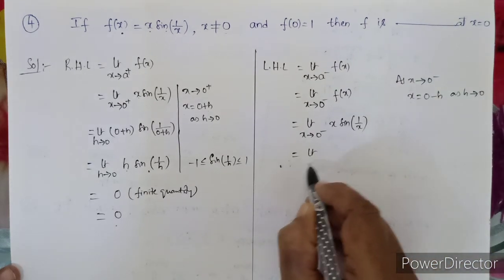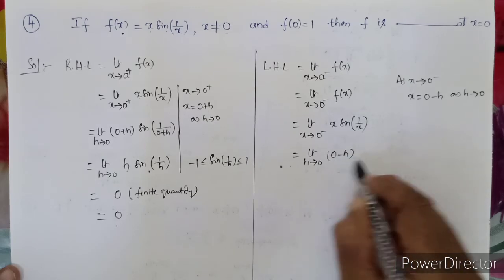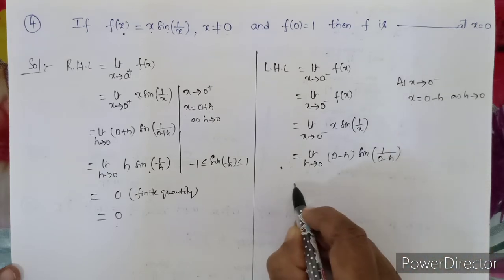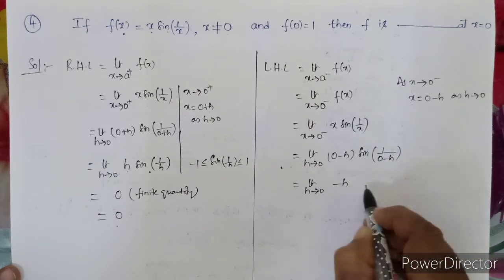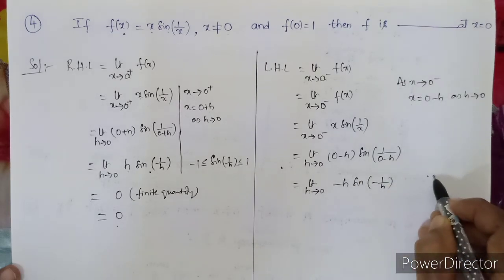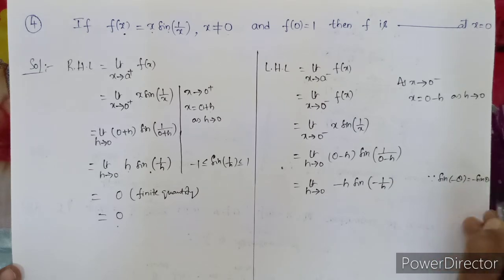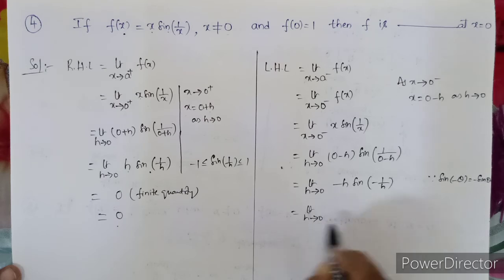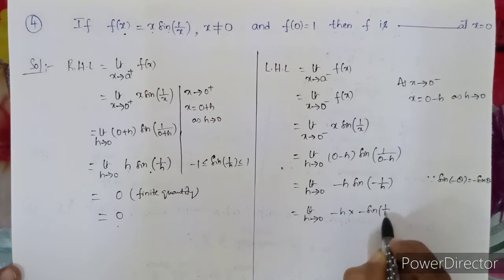Limit h tends to 0, (0 minus h) sine of 1 by (0 minus h), which is limit h tends to 0, minus h sine of minus 1 by h. As we all know, sine of minus theta gives minus sine theta because it is an odd function. So limit h tends to 0, minus h into minus sine of 1 by h.